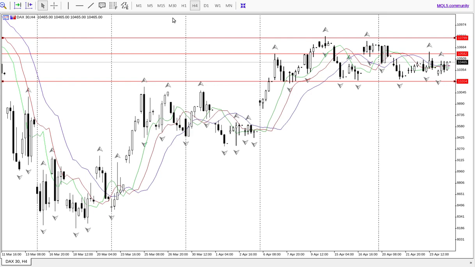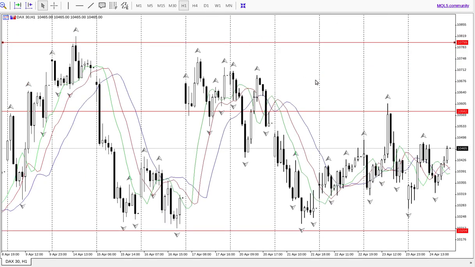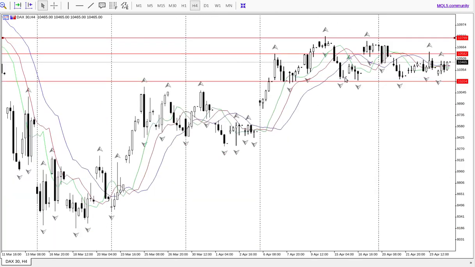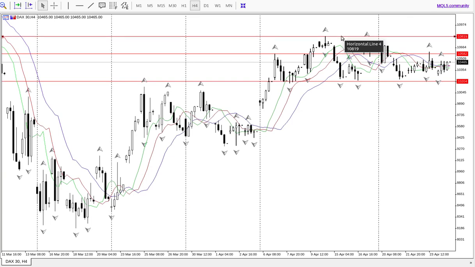Until we break through, let's go back to the 4 hour here, until we break through the top of the range, which is there, at 10,819, or alternatively break through 10,204 to the downside of the range, this thing is range bound as far as I'm concerned. The only thing that I should be looking for is longs off the bottom and shorts off the top.